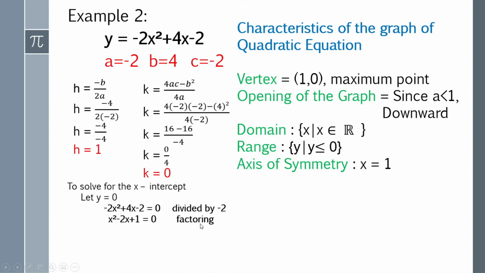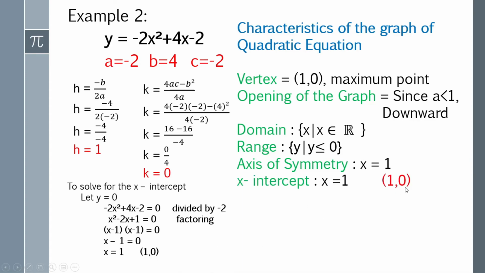Then, factoring. So, factor out, x minus 1, then x minus 1. So, magkapareho lang sila. Transpose natin yung negative 1, magiging positive 1. Iisa lang ang intercept natin kasi magkapareho lang naman sila. So, 1, 0. The x-intercept is 1, 0.